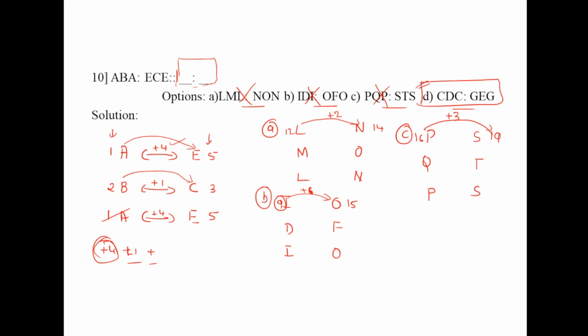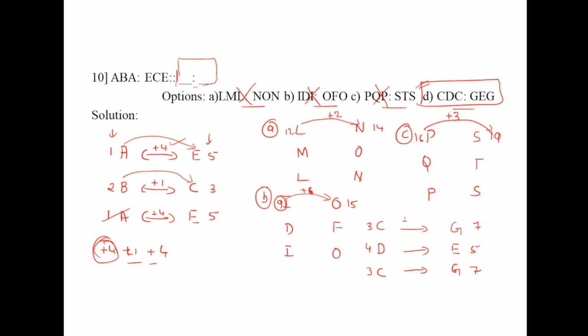But let us see how it actually matches my logic. My logic is plus 4, plus 1, plus 4: C, D, C, and G, E, G. C stands for 3, D stands for 4, C stands for again 3, G is 7, E is 5, and G is 7.